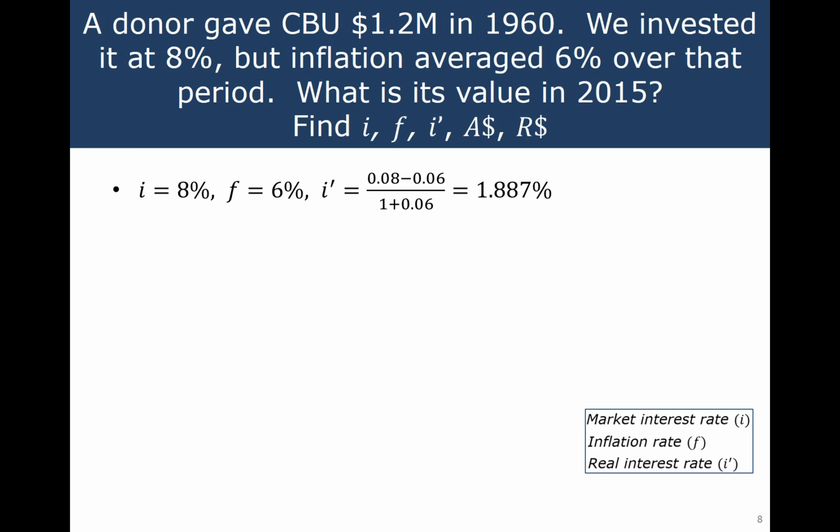So find out the market rate, inflation rate, real rate, actual money, and real money. Now we know the market rate is 8% and the inflation rate is 6%. So the real interest rate actually is 1.887%.